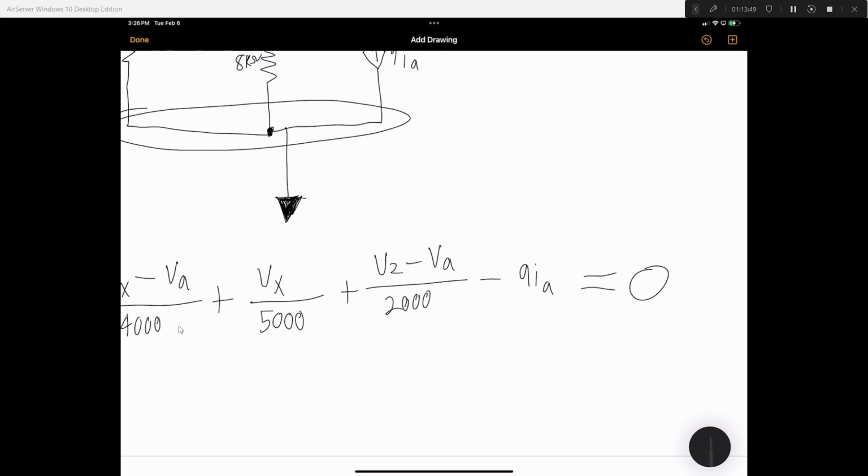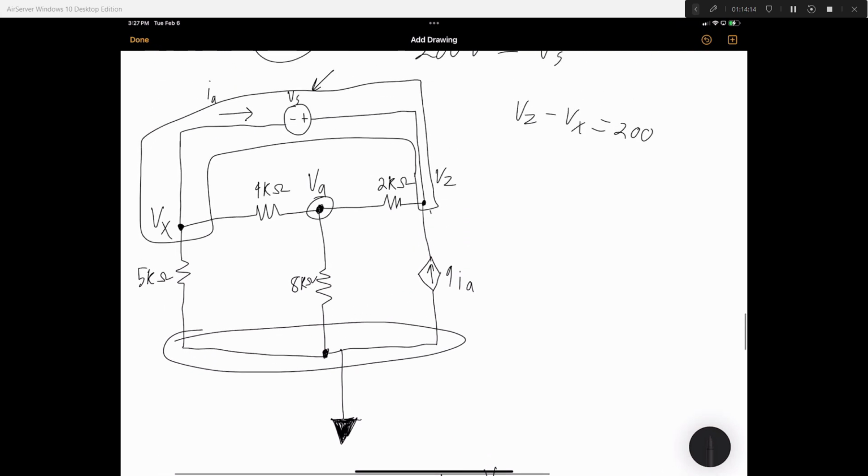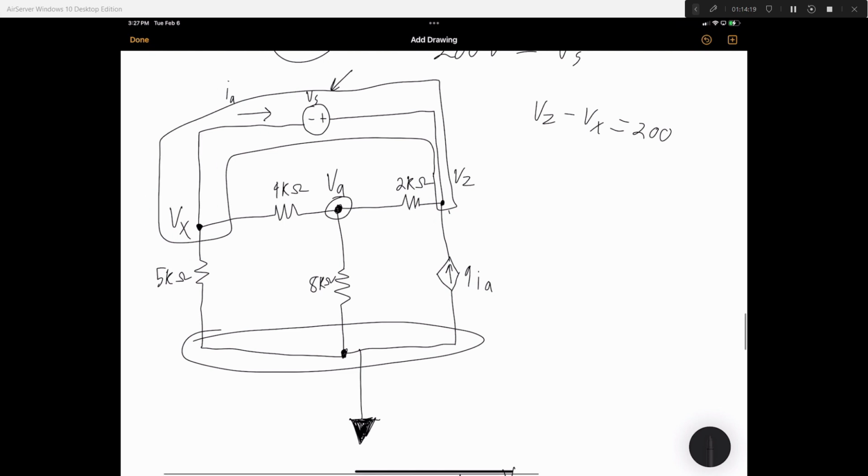Okay. Regarding this circuit, connecting two essential nodes to a power source creates a supernode.